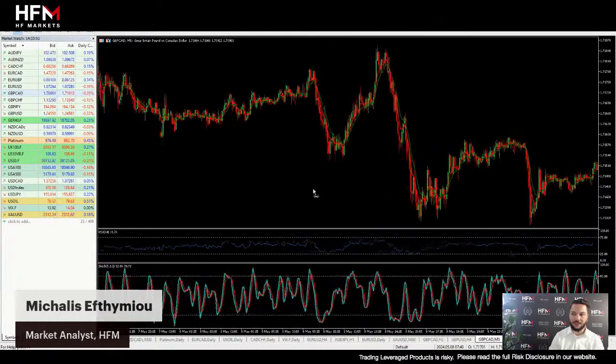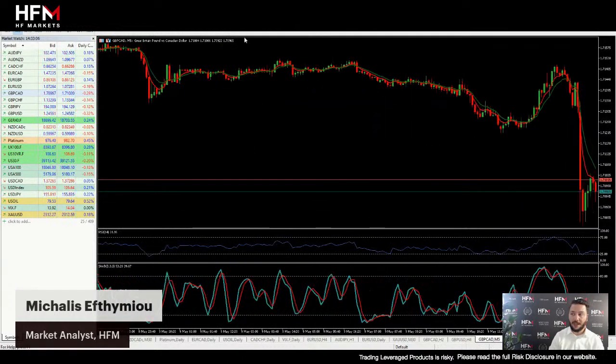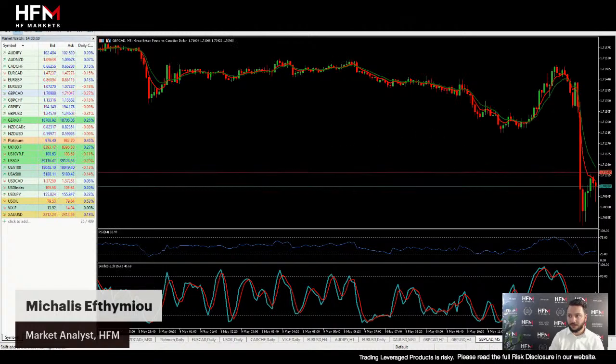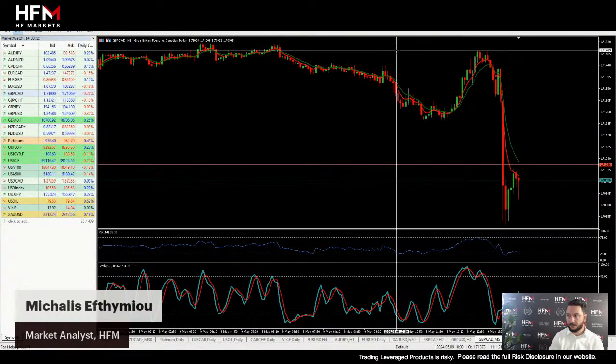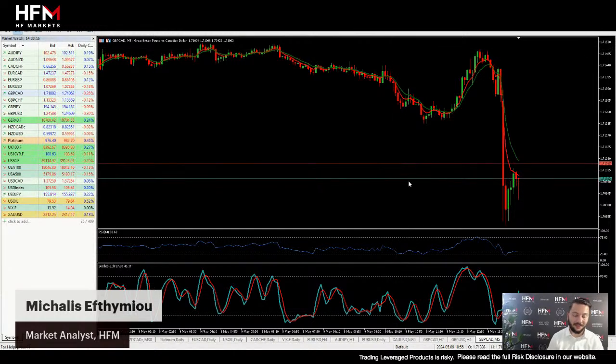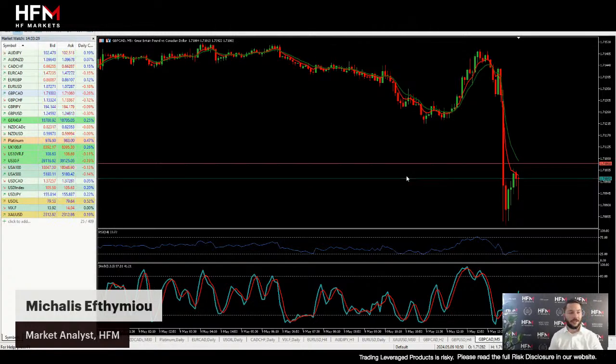So on average, it's about 0.21% on average. At the moment, we've declined, ladies and gentlemen. Let's measure it. We've declined at the moment by 0.29%. So there's been a lot of volatility already. So we really need to be cautious of if the price is actually going to continue that downward momentum.